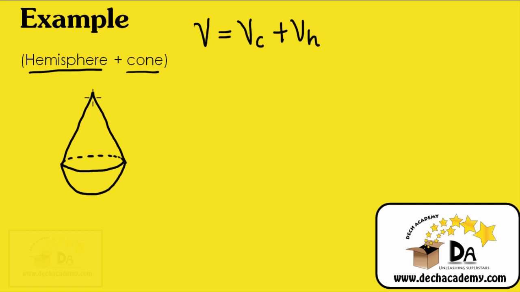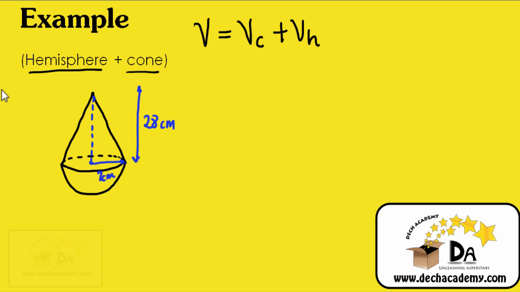So if the vertical height of the cone, so that's the center of the circular base, the vertical height of the cone is 28 centimeters, and the radius of this hemisphere, so from the center to any point on the surface, like that point, the radius is 7 centimeters.